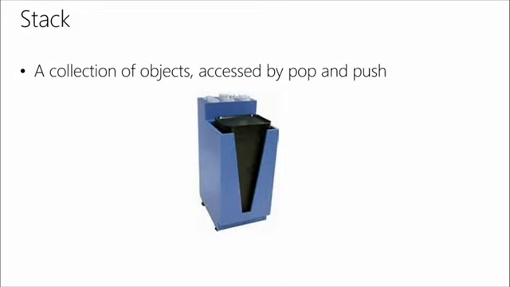As we look at the visual that I've used here, a stack is a collection of objects, but we access it through a couple of different methods called pop and push. The image here is a stack of trays that you might find in a cafeteria. In this structure of trays, you are not able to access the tray at the bottom of that stack.